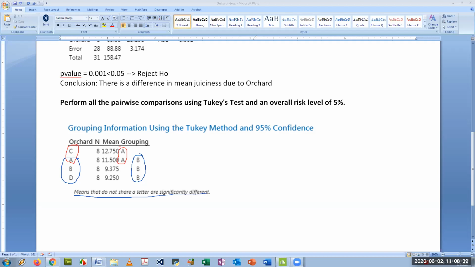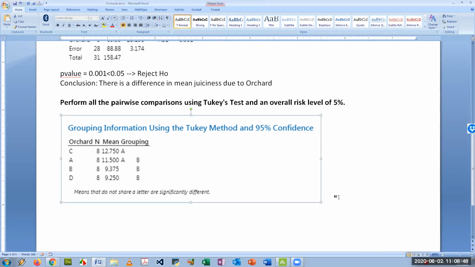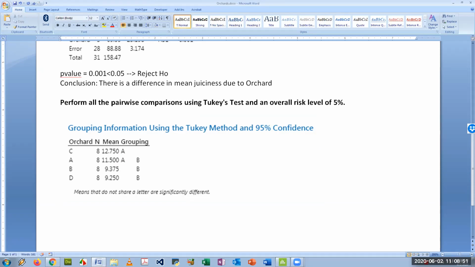So that's how we would write our conclusion. Based on this output, my overall conclusion would be oranges from orchard C have more mean juiciness than oranges from orchards B and D, because they don't share a common letter.